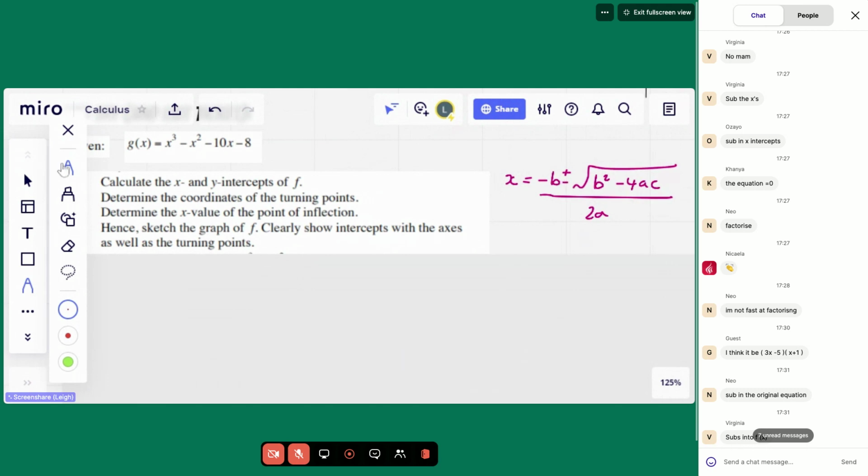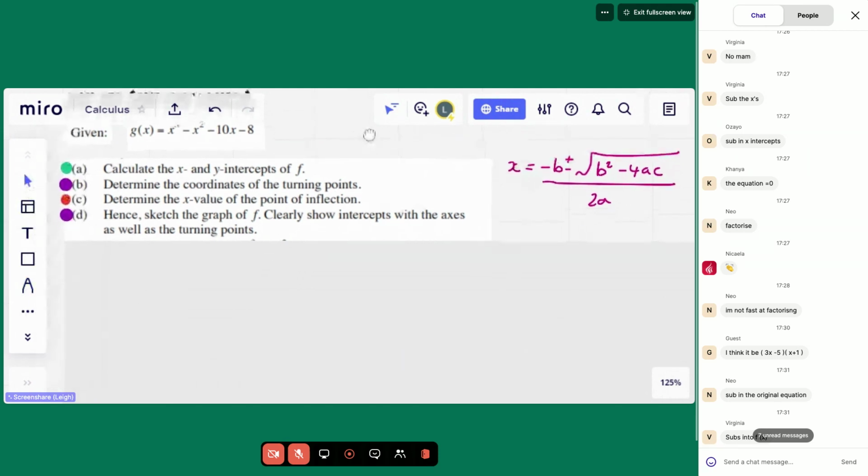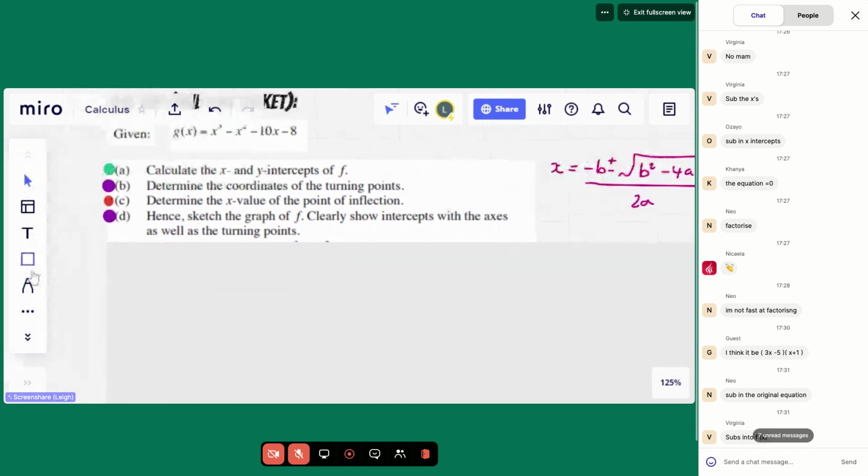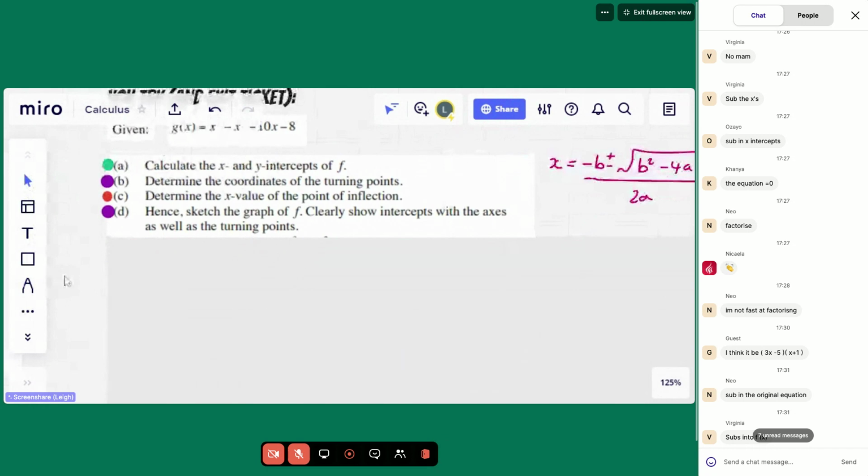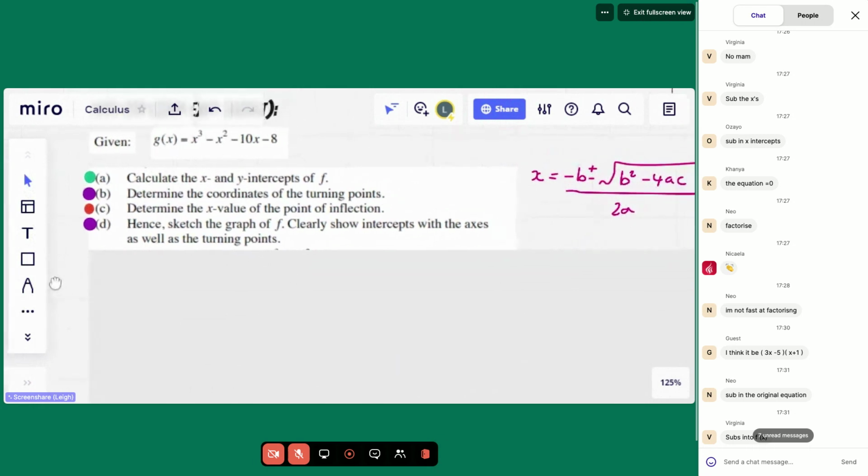In this particular case, use your silver calculator, it's not a problem, but you would have to show your factors still, okay? In this particular case over here, you're going to end up finding that this has irrational roots, so you're going to have to use the quadratic formula in this case.